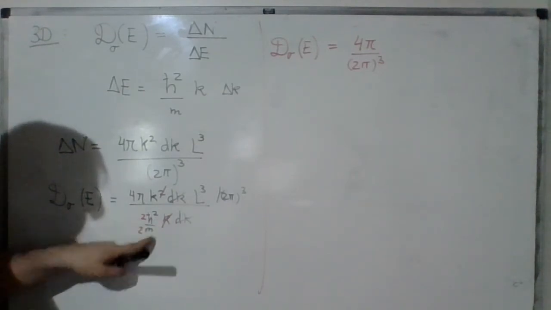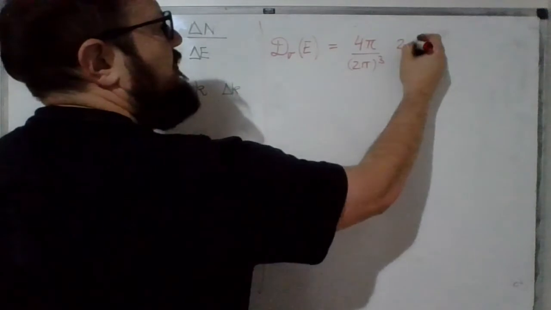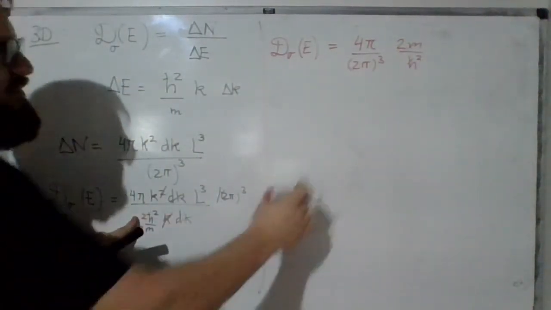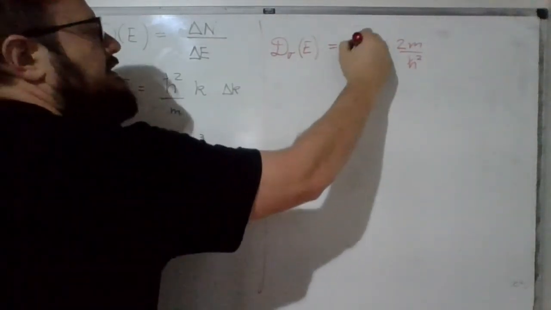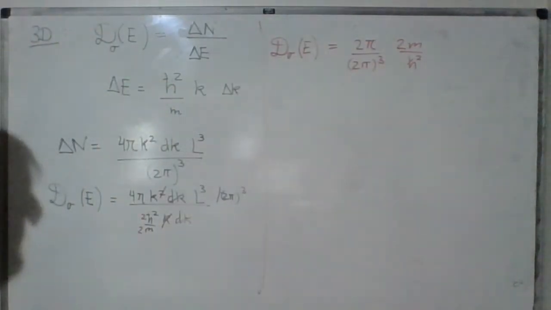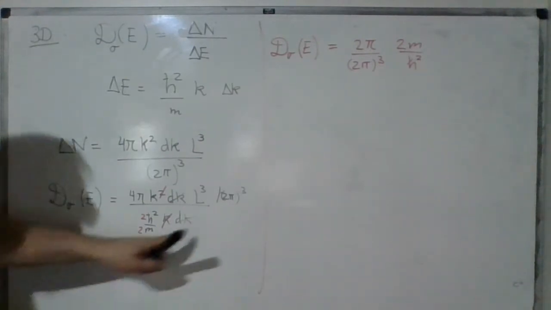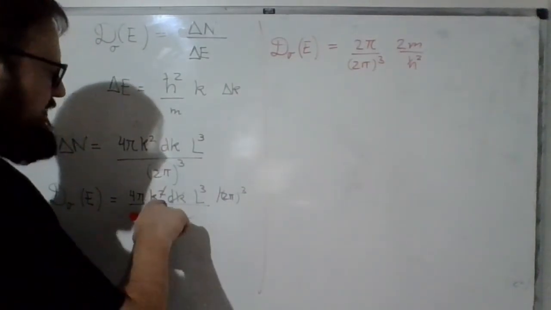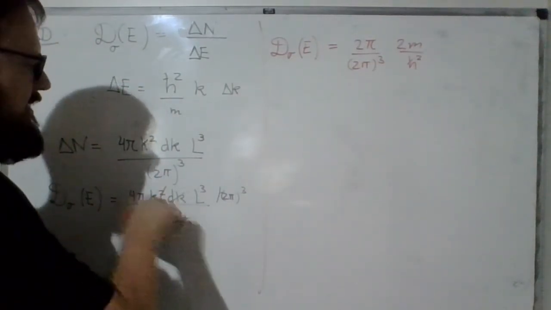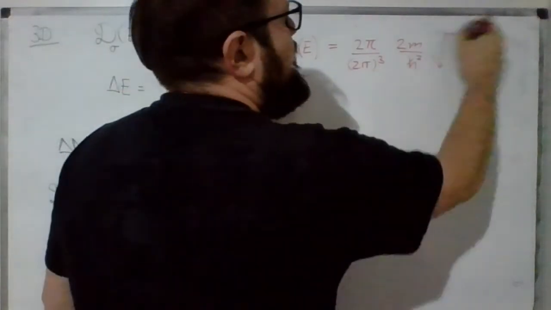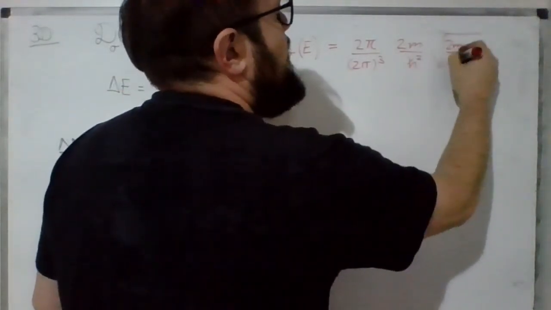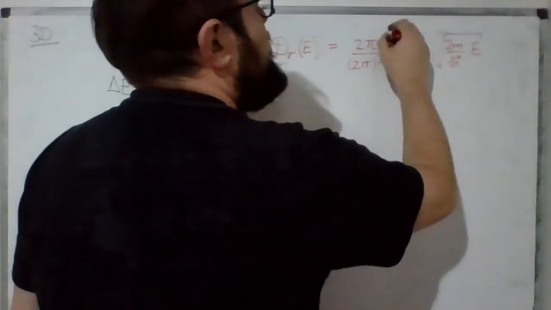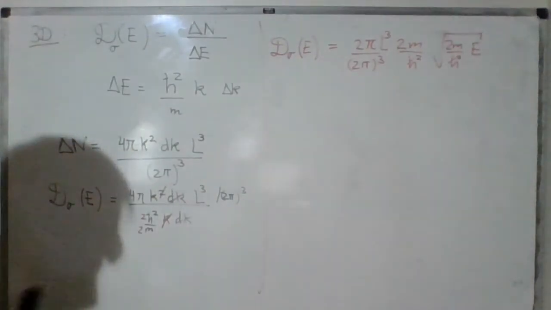So this ħ over m I can rewrite as twice the mass divided by ħ squared, and this factor of 2 cancels one factor here. So I'll have a factor of 2. And now we can insert the value of k, which is just twice the mass divided by ħ squared times the energy, and there is the volume of the sample cube.